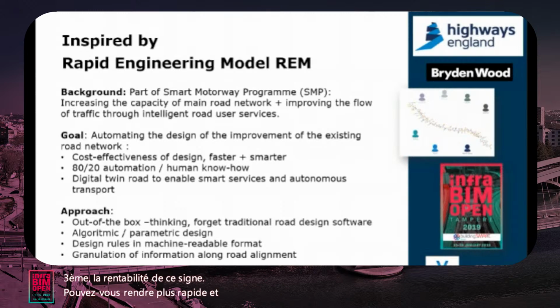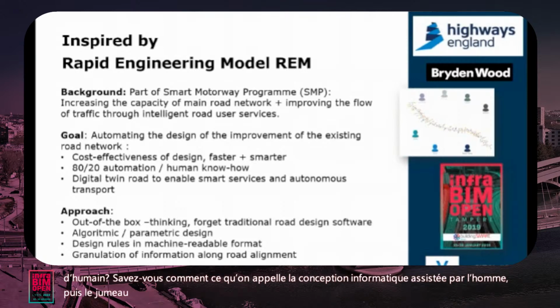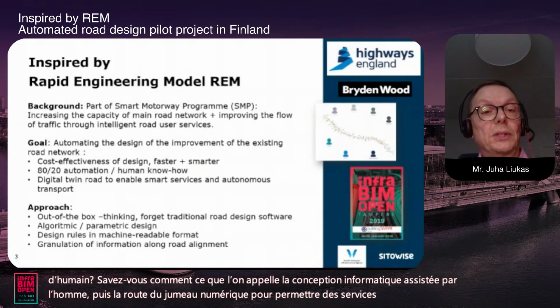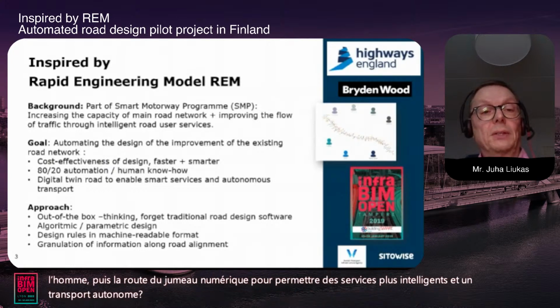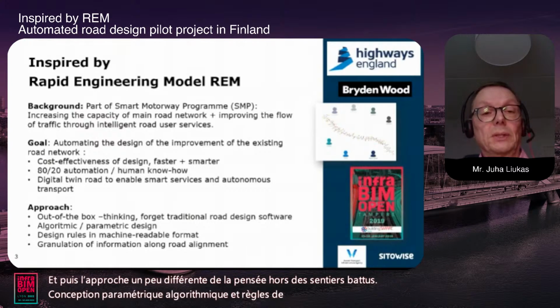Then the mixture of 80% automation and 20% human know-how, so-called human-aided computer design. And then a digital twin road to enable smarter services and autonomous transport. The approach was a little bit different, out-of-the-box thinking: algorithmic parametric design and design rules in machine-readable format.